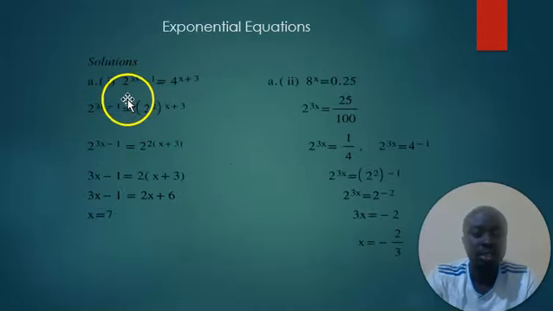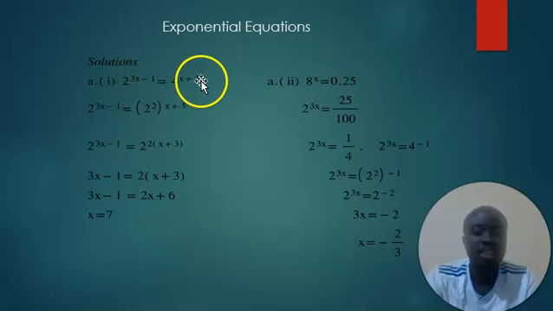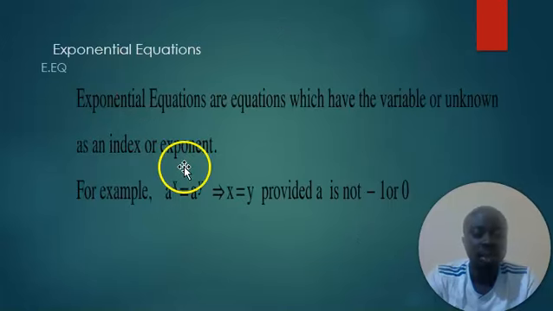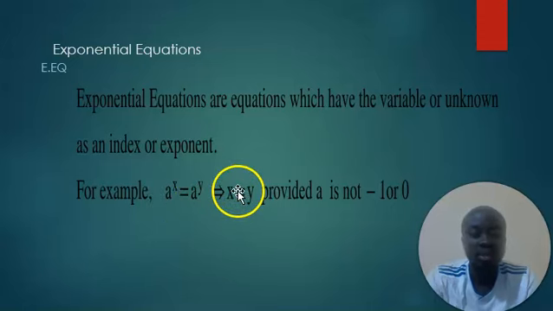So if we have 2 raised to the power 3x minus 1 is equal to 4 raised to the power x plus 3. Now, in the first one, we said that when you have a to the x is equal to a to the y, this implies that x is equal to y.